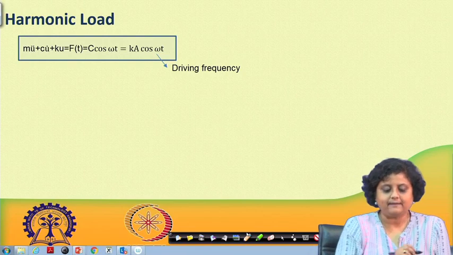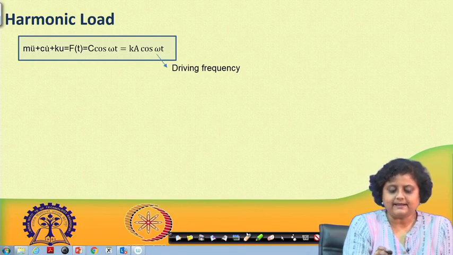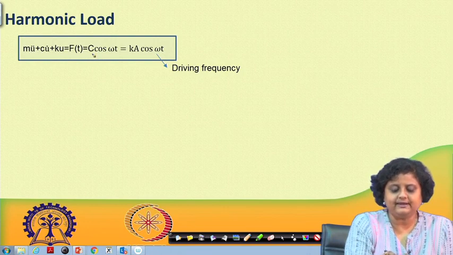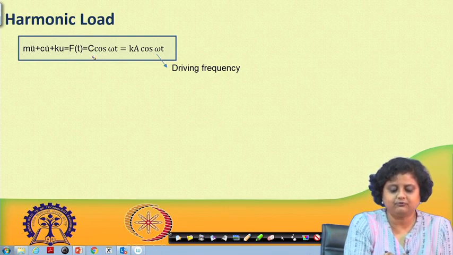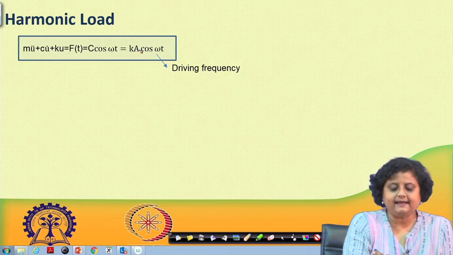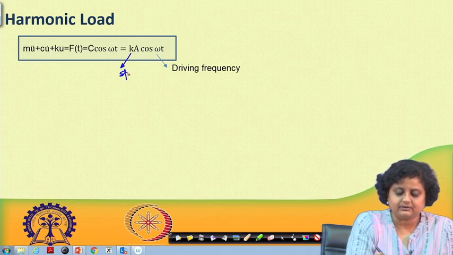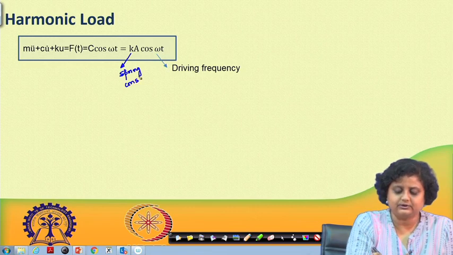Now, what I have done is replace C, the amplitude of the force, by K times A, where K is the spring constant, or the stiffness of the single degree of freedom system.